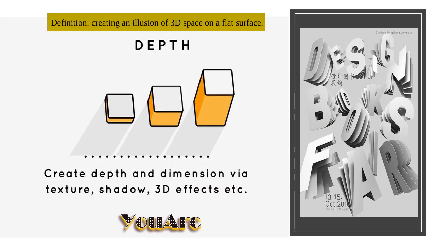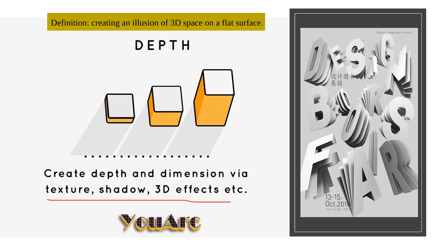So we can create depth and dimension via texture, shadow and 3D effect. Creating depth is an illusion of 3D space on a flat surface. This can be created by overlapping, diminishing scale, perspective, vertical placement, changing color like warm to cool, cool to warm, or changing the intensity of the color.